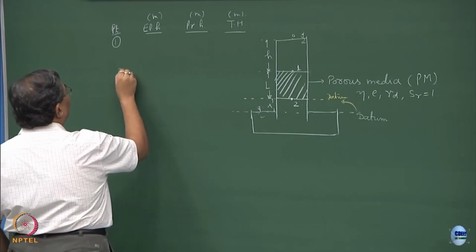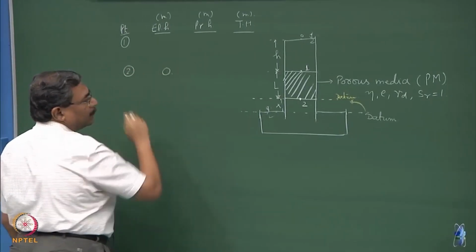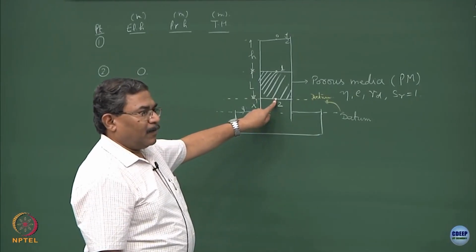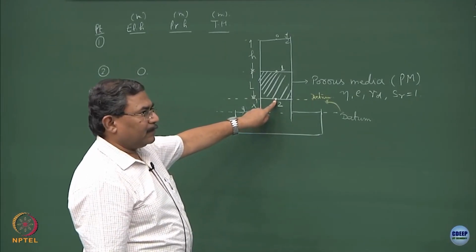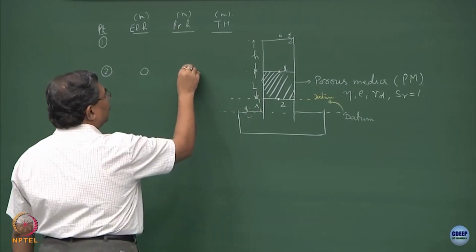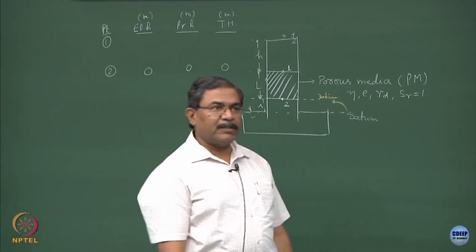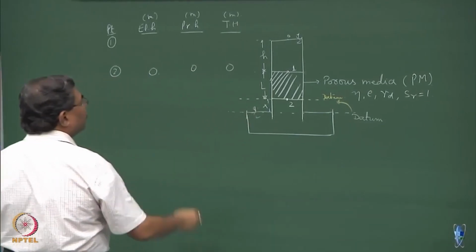At point number 2, the elevation head is 0, and what about the pressure head? This is exposed to the atmosphere. So, the pressure head is 0, total head will be 0. I will tell you what is the fallacy which we were discussing last time.